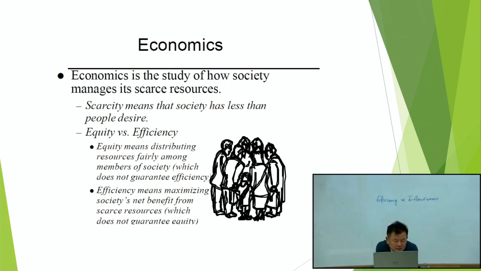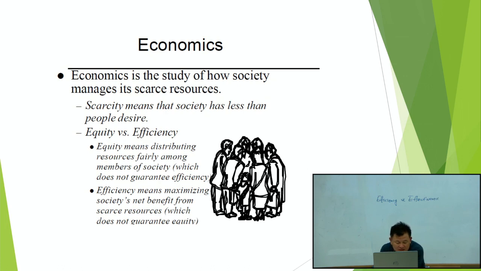But this author says equity versus efficiency, because at this time that is the definition of economics. So we have limited resources, so we have to mention equity and efficiency. Equity means distributing resources fairly among members of society.